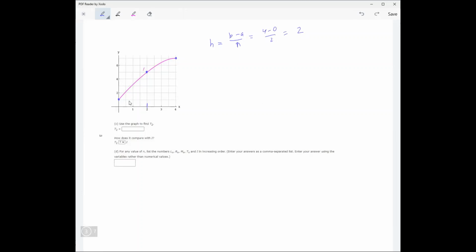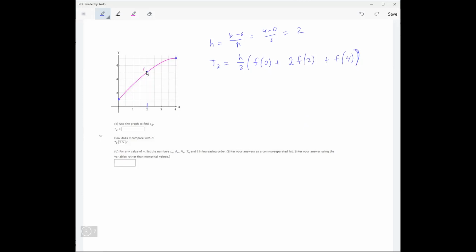So h is 2, and those are the lengths of each of the subintervals. So you have h over 2 times f of the first one plus 2 times f of the next one plus f of the other endpoint, like that.